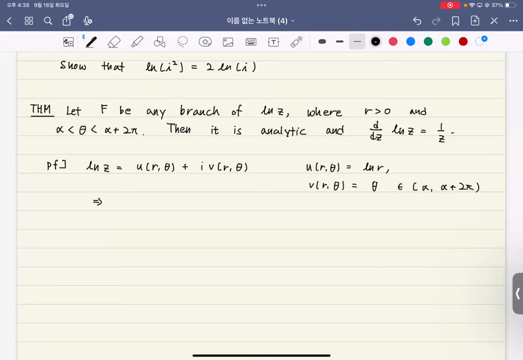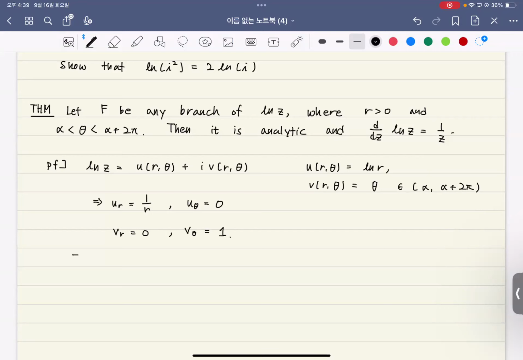Since we are talking about the differentiability of this function, I will need to check the Cauchy-Riemann conditions. If I take the partial derivatives, u_r is 1 over r, and u_theta is obviously 0, and v_r is 0, and v_theta is just 1.